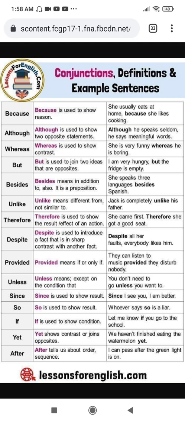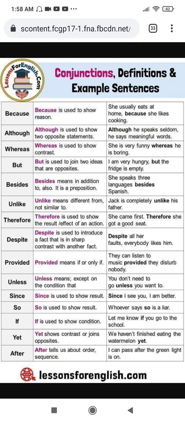Because she likes cooking. So because is used here as a conjunction, because it joins two sentences and makes one unified sentence.